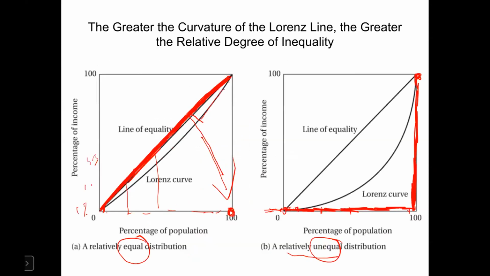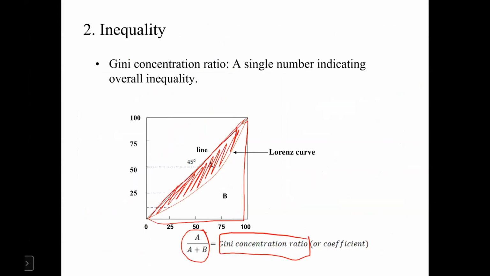If the Lorenz curve is the straight line, then A is 0, so A divided by A plus B is 0 divided by some number, meaning the Gini coefficient equals 0. On the other hand, here A divided by A plus B equals 1, because B has collapsed to 0. So the Gini coefficient is between 0 and 1. 0 is absolute equality, and 1 is absolute inequality.